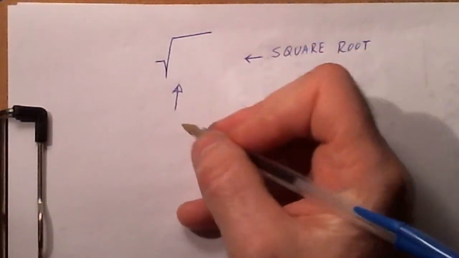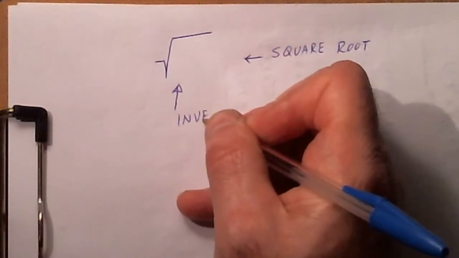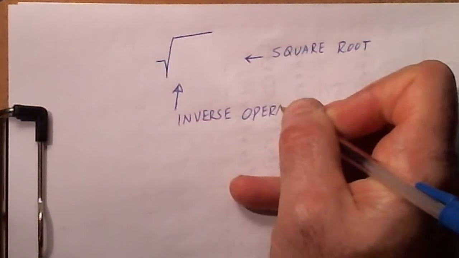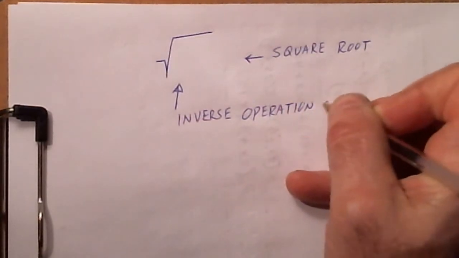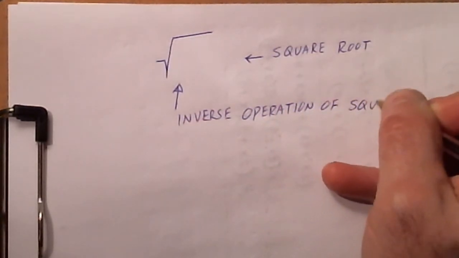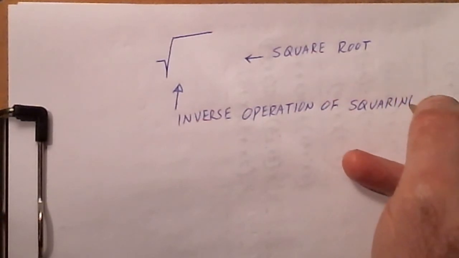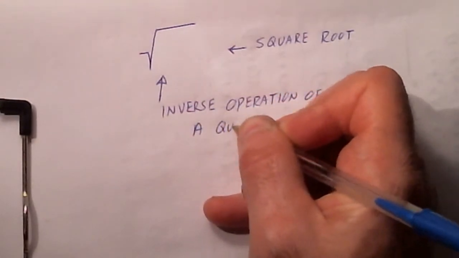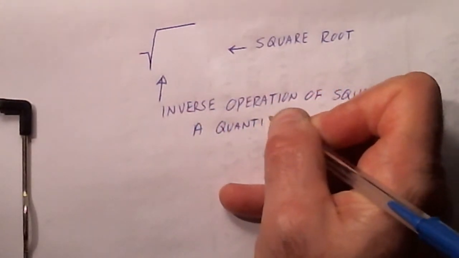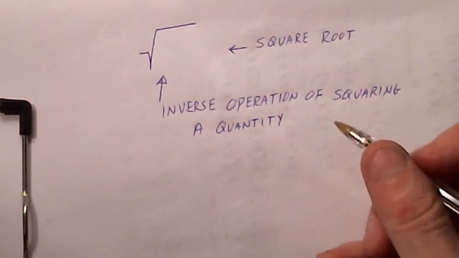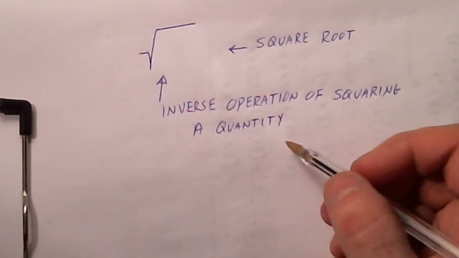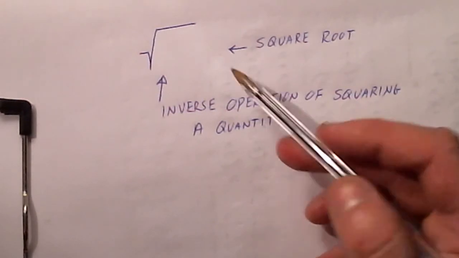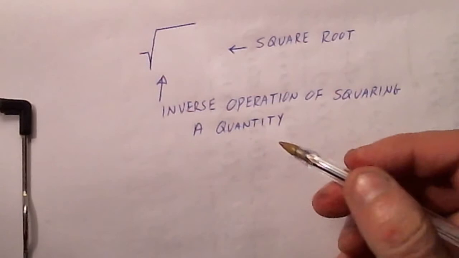This square root function is the inverse operation of squaring a quantity. Just like addition and subtraction are inverses of each other, multiplication and division are inverses of each other, the inverse of squaring a quantity is the square root function, and vice versa.